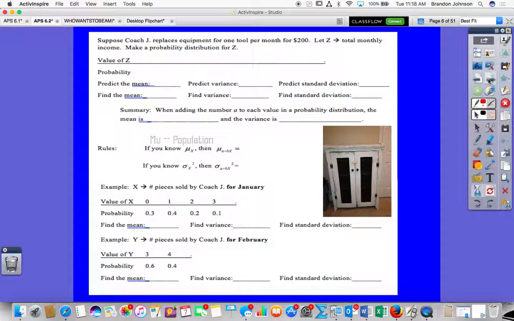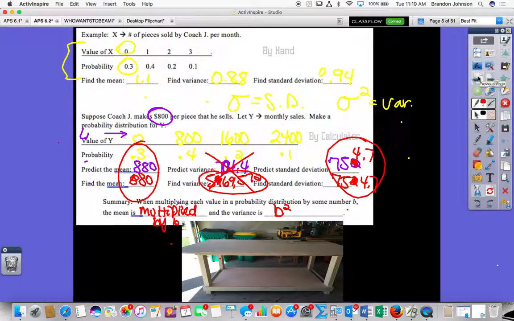680 for your mean. You subtract 200 from your 880, from all the values of Z. So if I replace $200 per month, I subtract 200 from what my initial one was. So wouldn't I have negative 200? What would be the next one? 600.